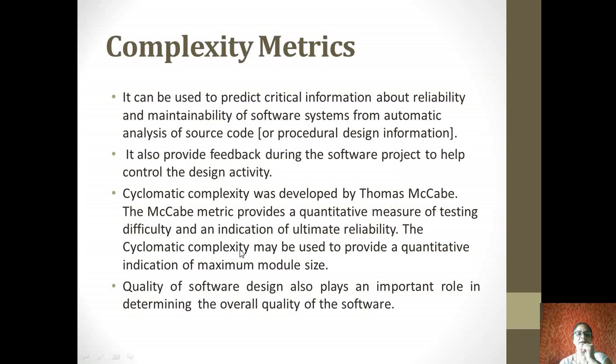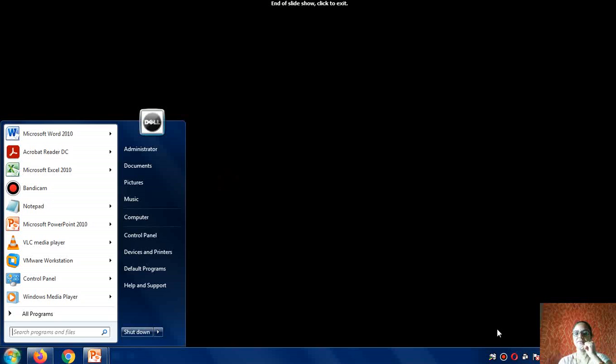This cyclomatic complexity may be used to provide a quantitative indication of the maximum module size. So what is the maximum size of the module? That can be calculated using this cyclomatic complexity. Quality of the software design also plays an important role in determining overall quality of the software. So these are some of the parameters when we talk about the complexity matrices. So today we end up with this.